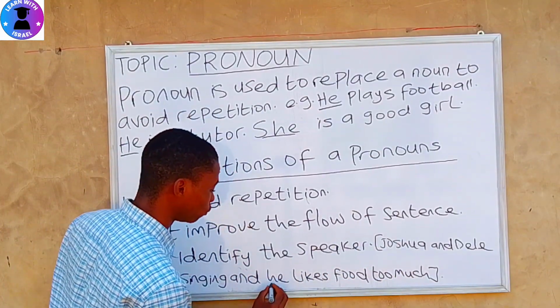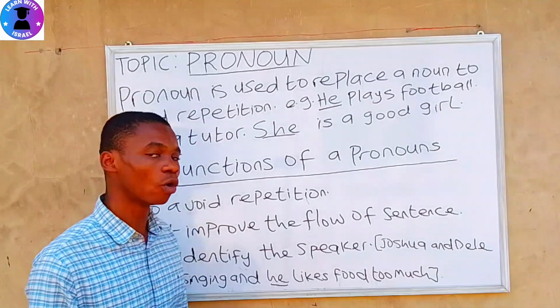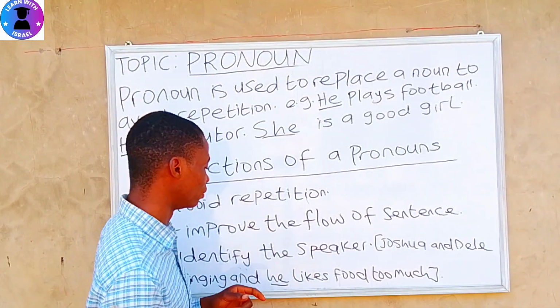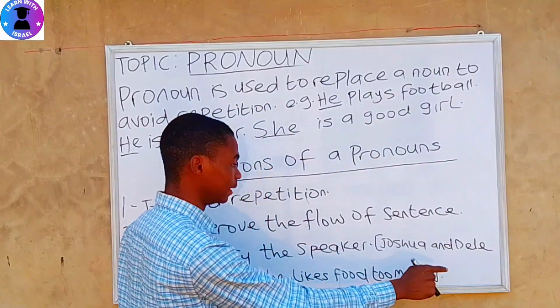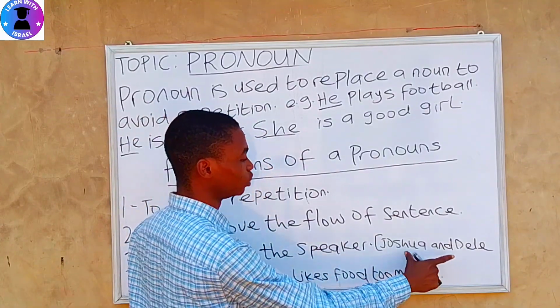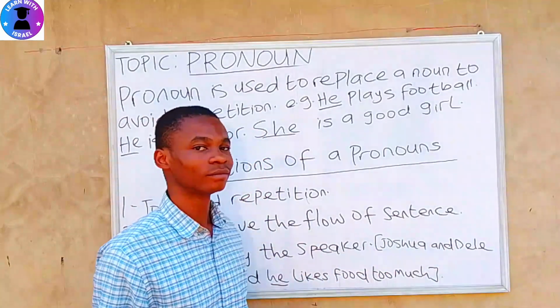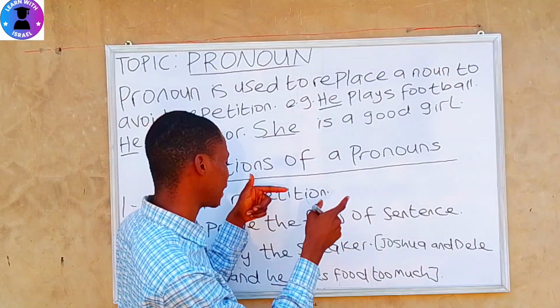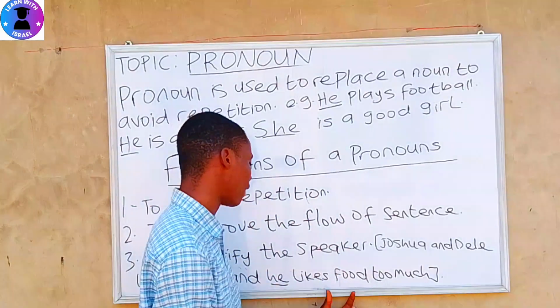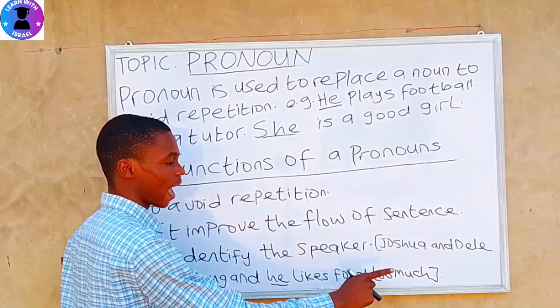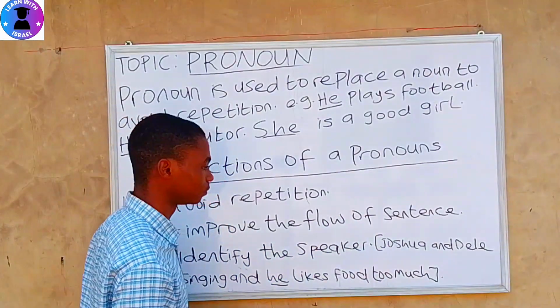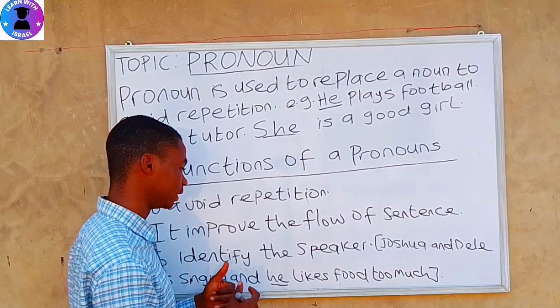So, he likes food too much is referring to nobody. It's referring to no one, because how do we identify the person that likes food too much between Joshua and Dele? It is the pronoun that helps to identify who takes an action in the sentence.